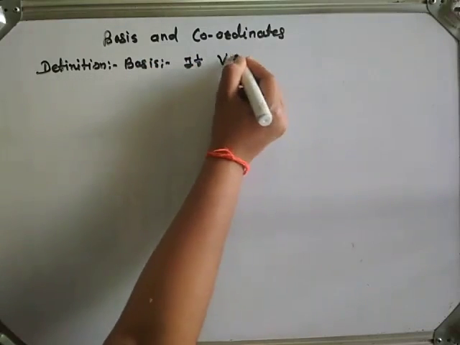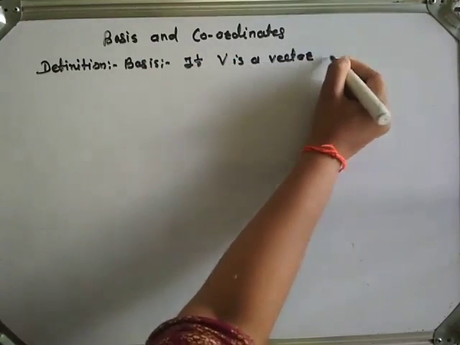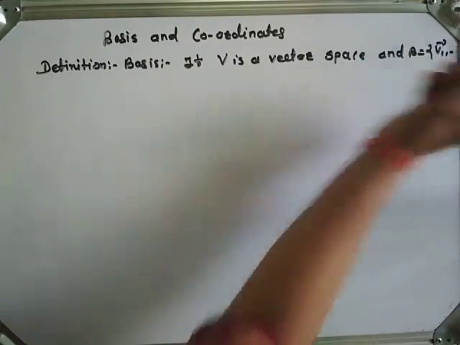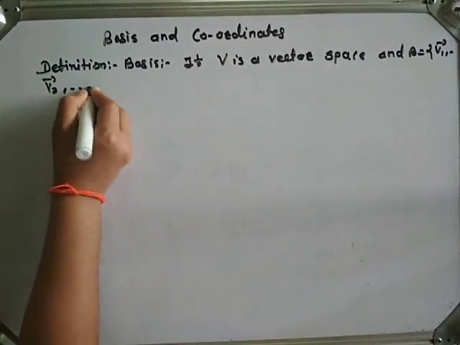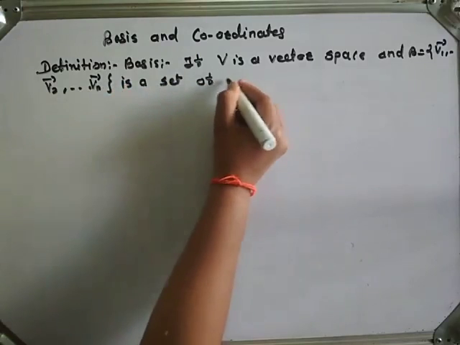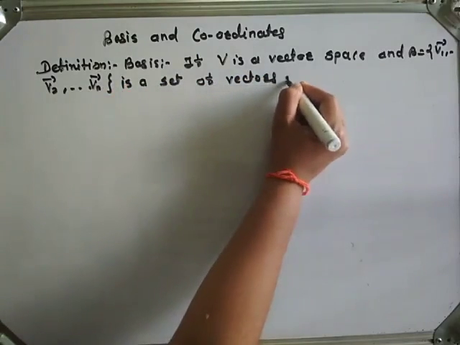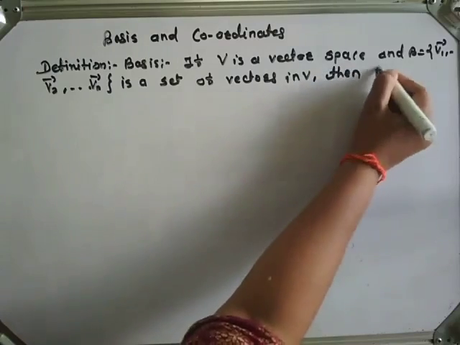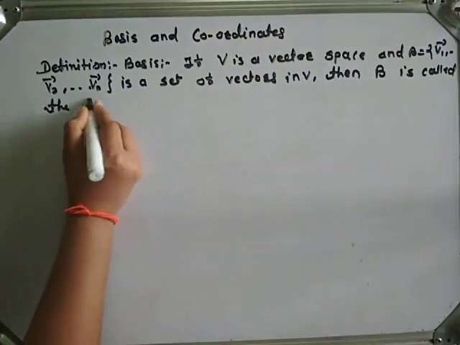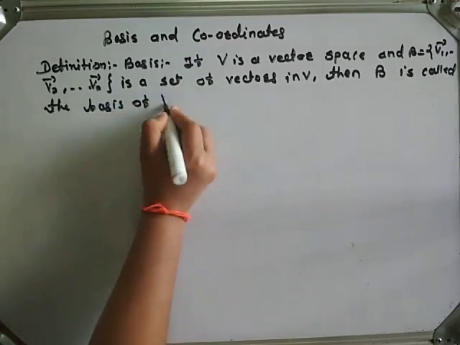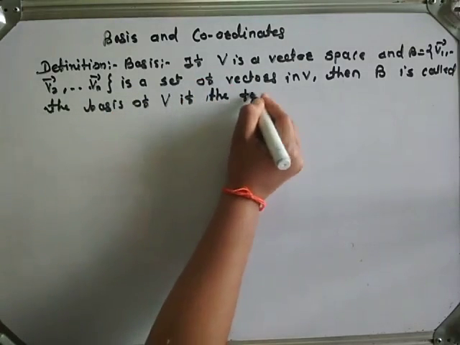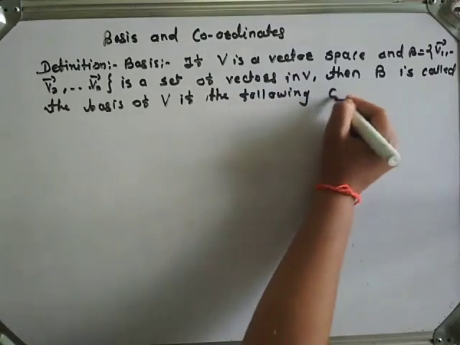Definition: If V is a vector space and B = {v1 bar, v2 bar, and so on up to vn bar} is a set of vectors in V, then B is called a basis of V if the following conditions hold.